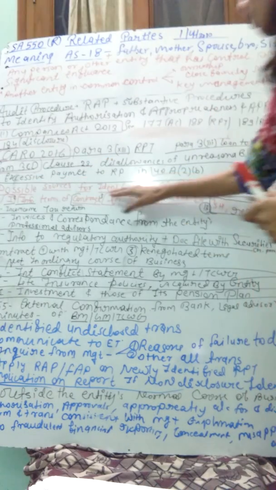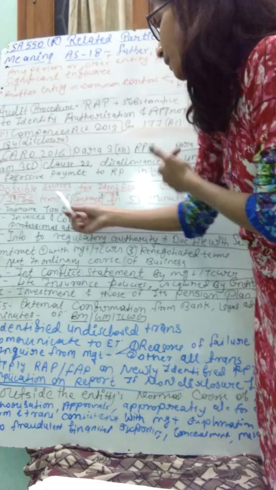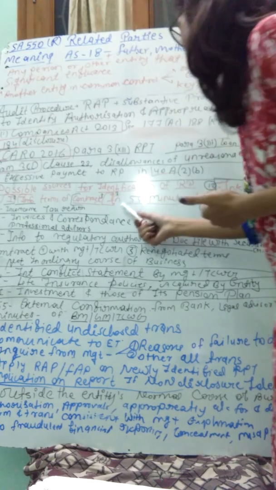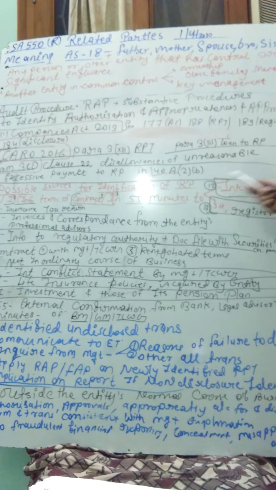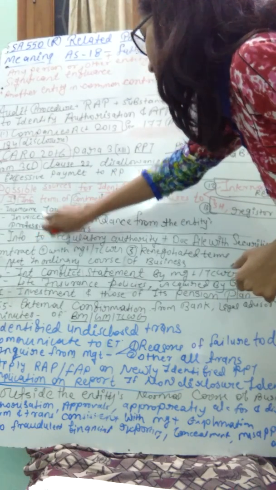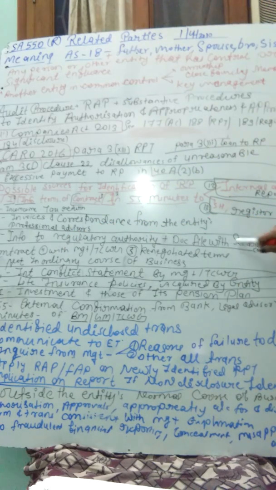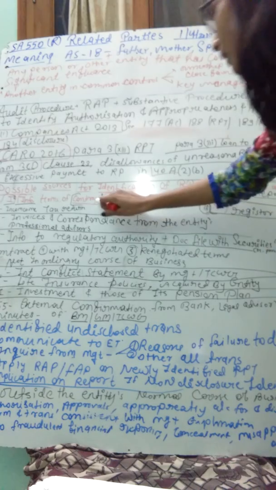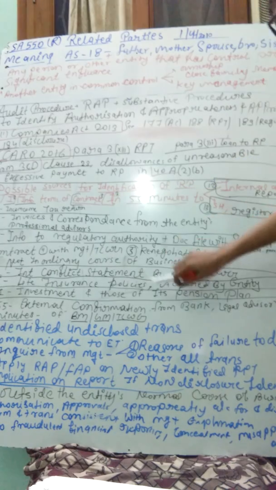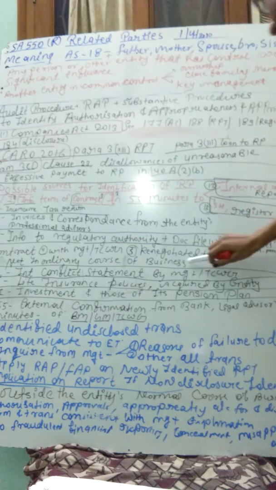Okay, then possible sources for the identification of related parties: information, terms of contract, minutes to internal auditor and shareholder, information for income tax return and invoices. Then information to the regulatory authorities and documents filed with the securities regulator. Then contractual terms, contracts renegotiated and contracts which are not in the ordinary course of business.